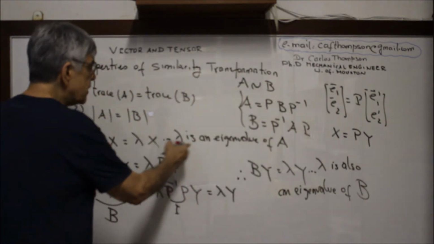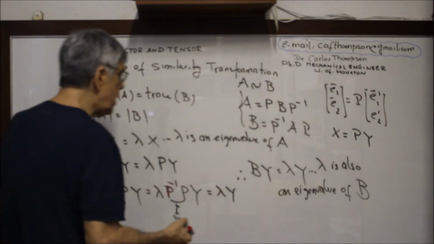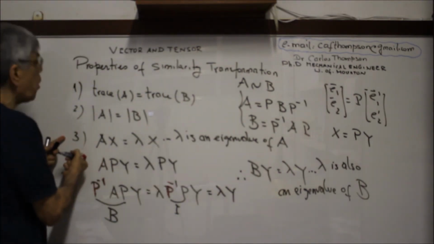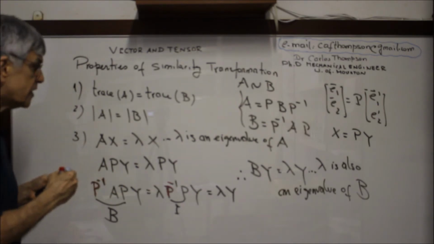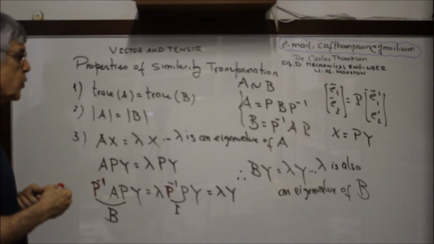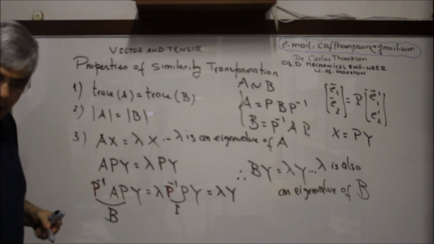So, lambda is an eigenvalue of A, and lambda is an eigenvalue of B. So, the third property: if A and B are similar matrices, then they have the same eigenvalues.